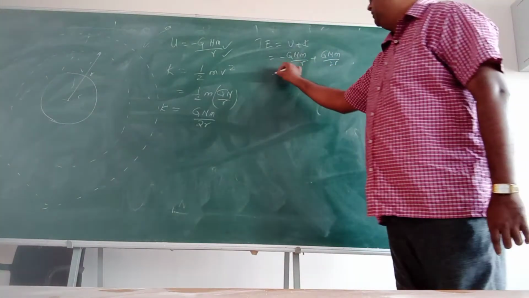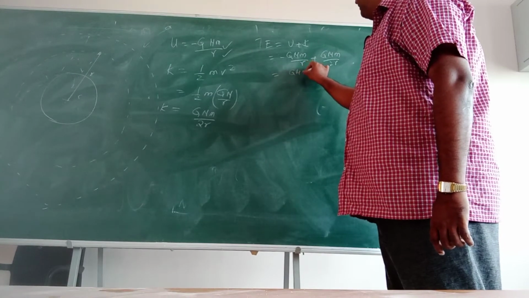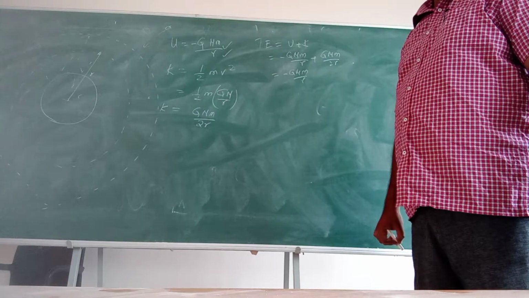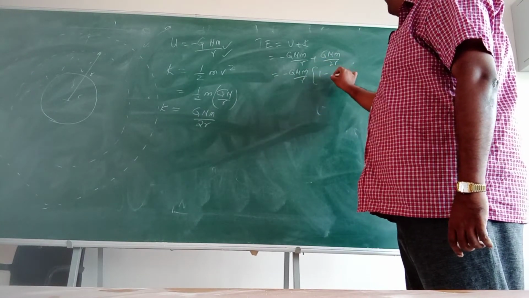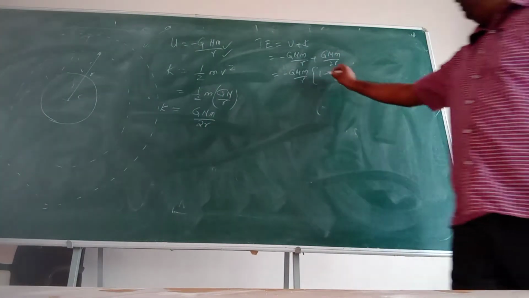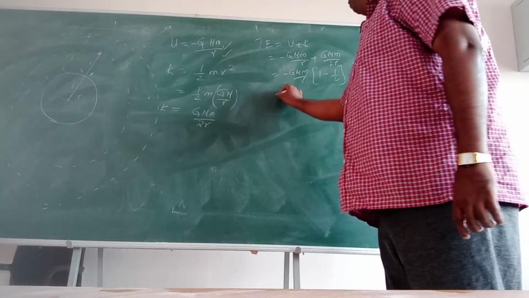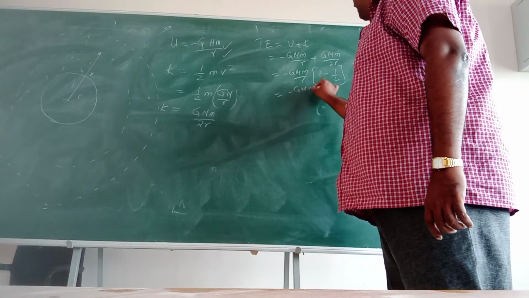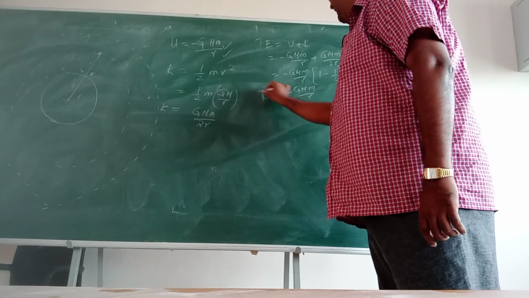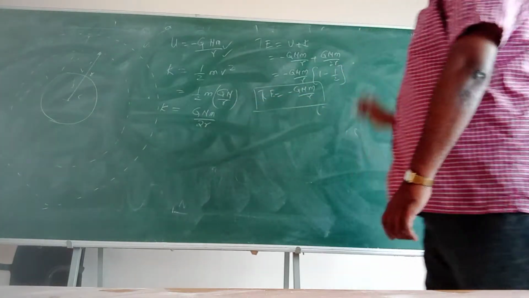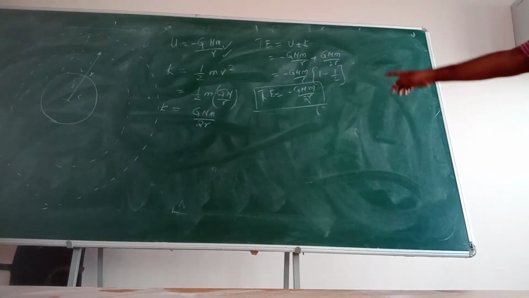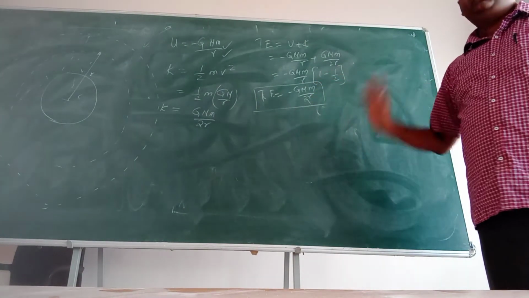So can I take G M m by r common? I will take even the minus common. So I will get 1 minus 1 by 2. Am I right? So 1 minus 1 by 2 is 1 by 2. Sorry, the expression is G M m, 1 minus 1 by 2 is 1 by 2, so in the denominator will be 2.